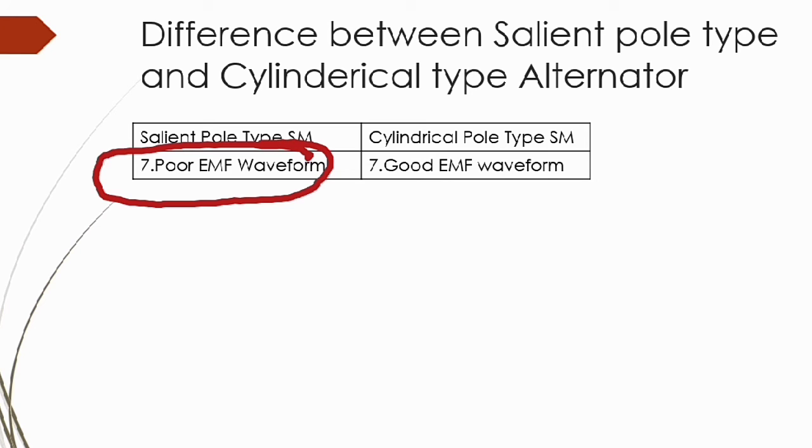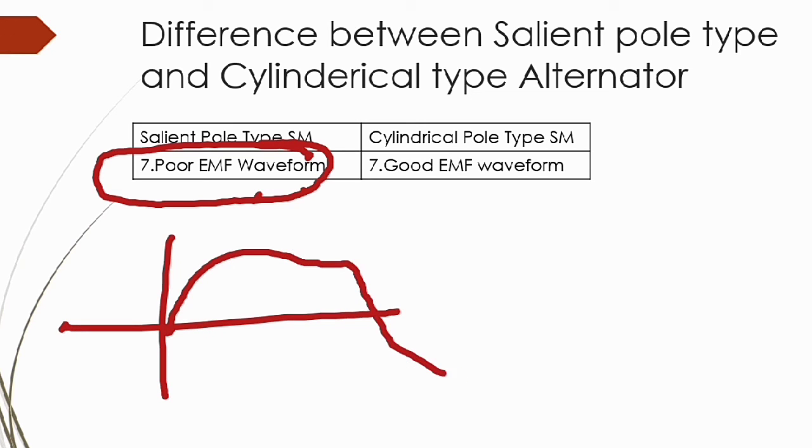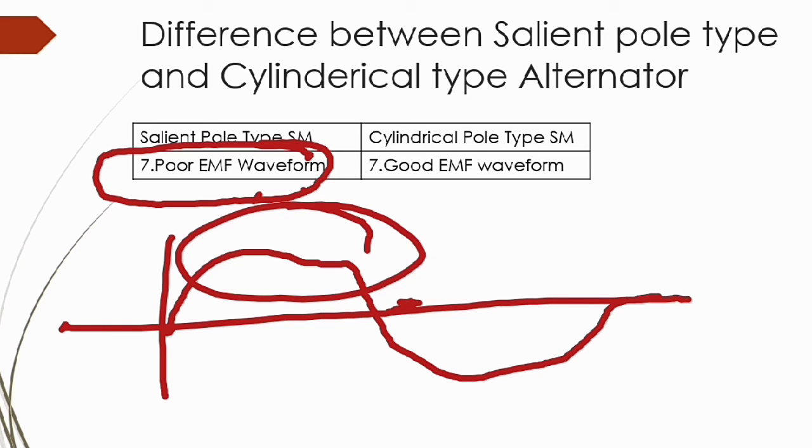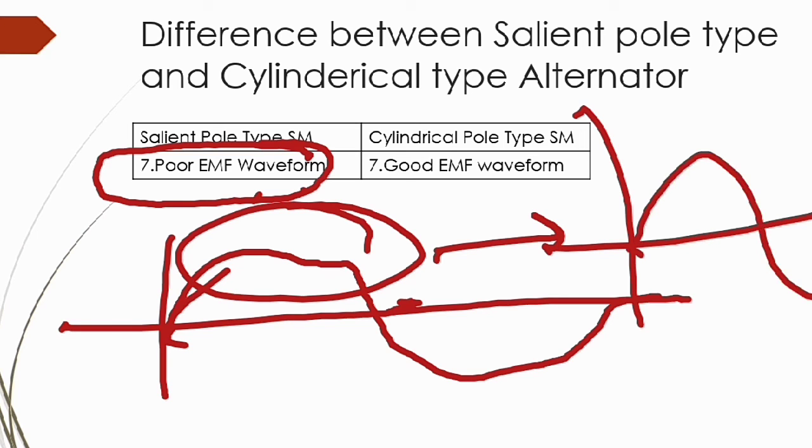It is made with a flat top type structure, just like this. That means it contains harmonics, so it is not a pure sinusoidal. If you want a pure sinusoidal, you will have to put some extra effort into the designing part.